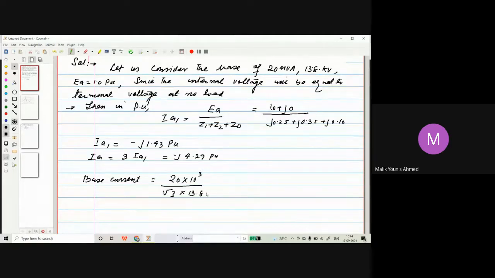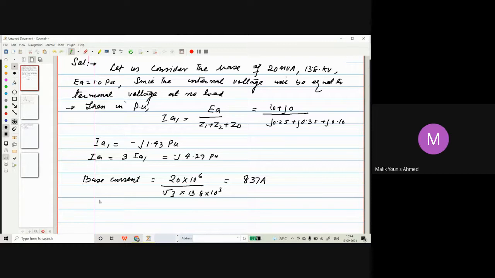Okay, the denominator is 10 raised to power 3. And this value is 837 amps.